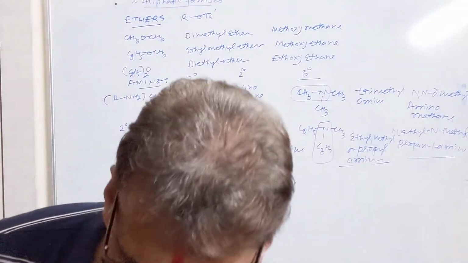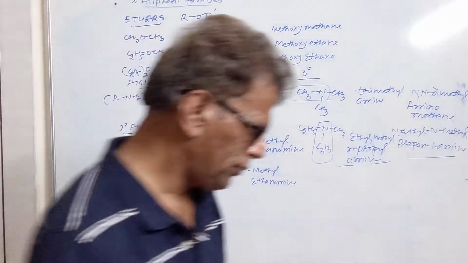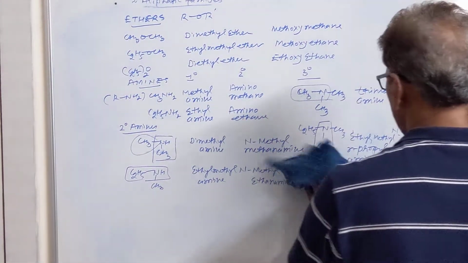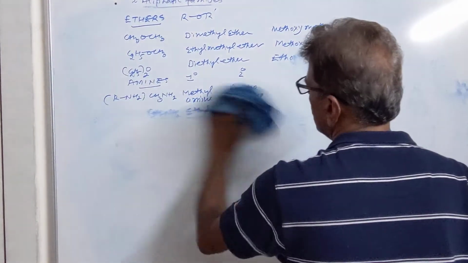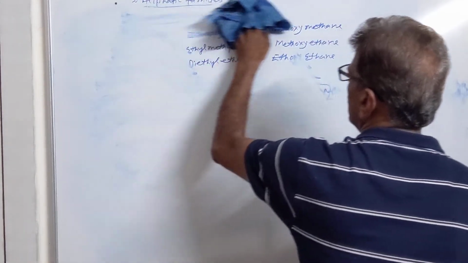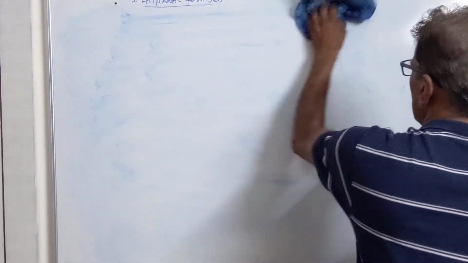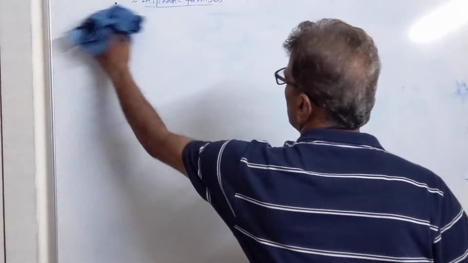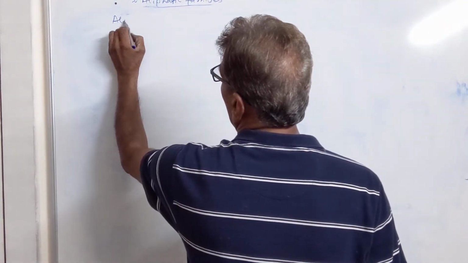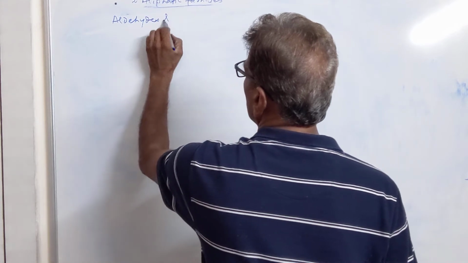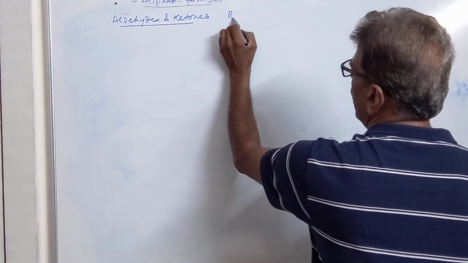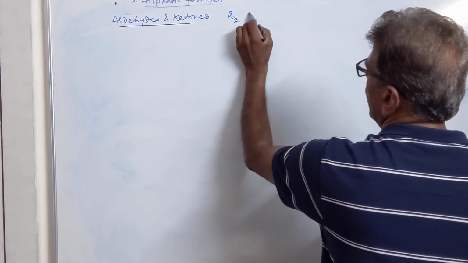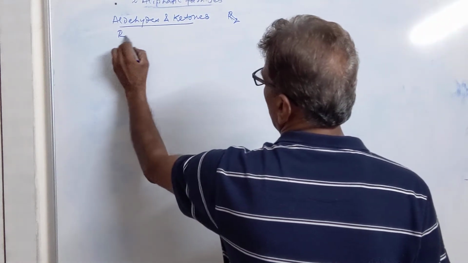Then we have the class aldehydes and ketones. They are isomeric compounds, they have general formula CnH2nO. Aldehydes have formula RCHO.